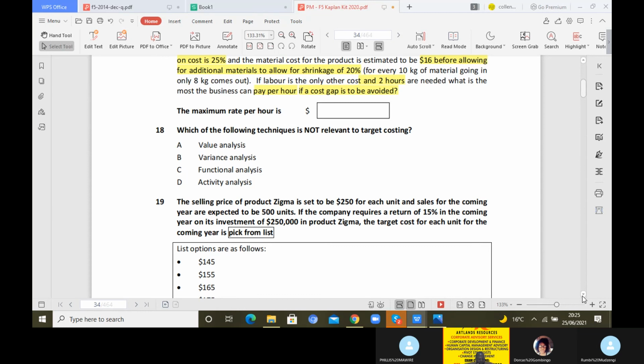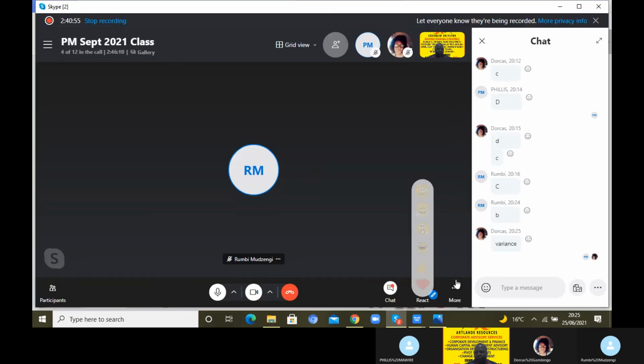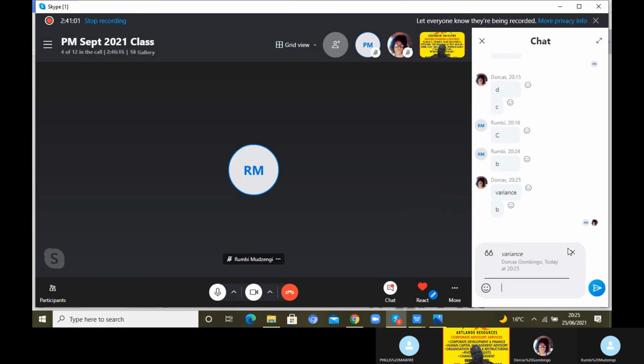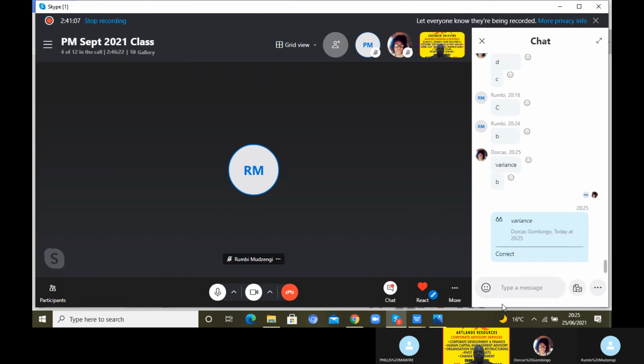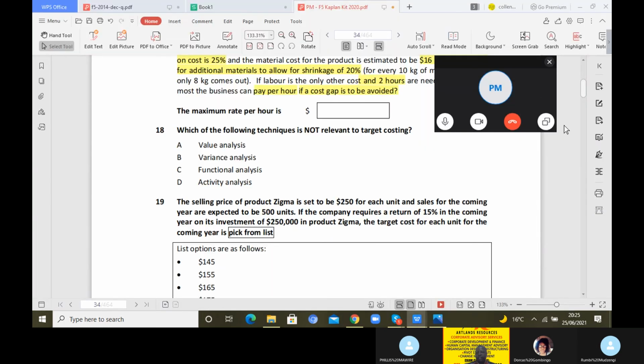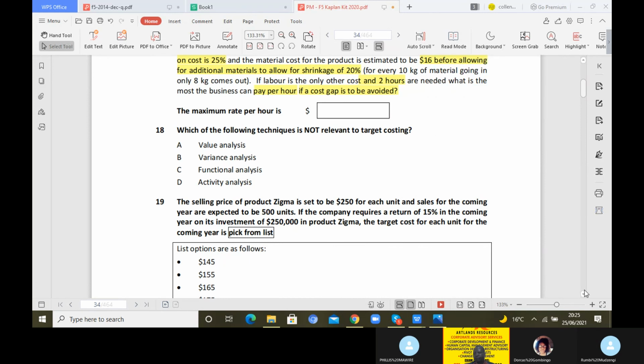Techniques which are not relevant to target costing. Remember, I was always saying variance analysis, correct? Target costing is a feed-forward mechanism, so it doesn't even make use of variance analysis. Perhaps do this as the last question, hang in there until we get to the end. It's so important.